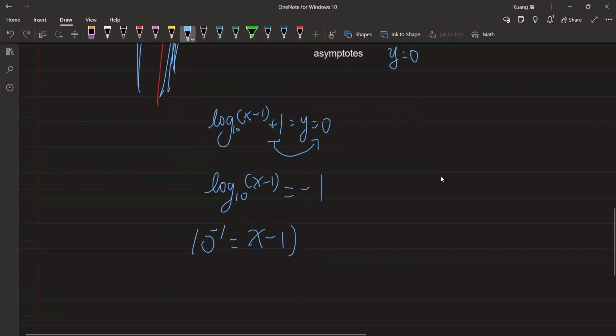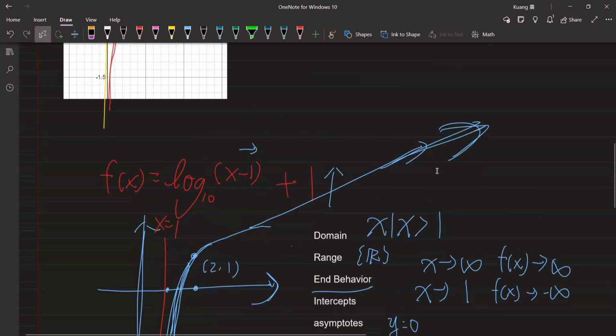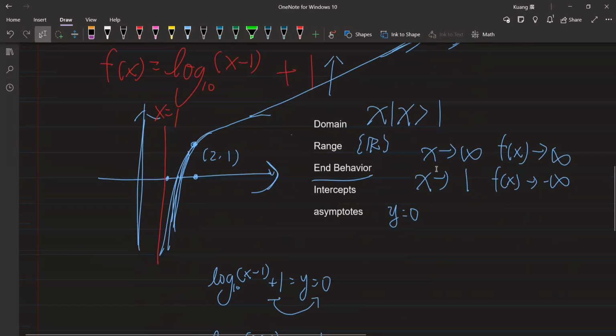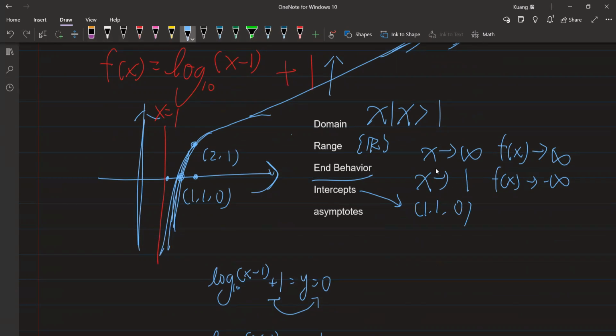That will be 1 over 10, equals x minus 1. So x equals 1 plus 1 over 10, that's 1.1. So the intercept will be (1.1, 0). That's your x-intercept.